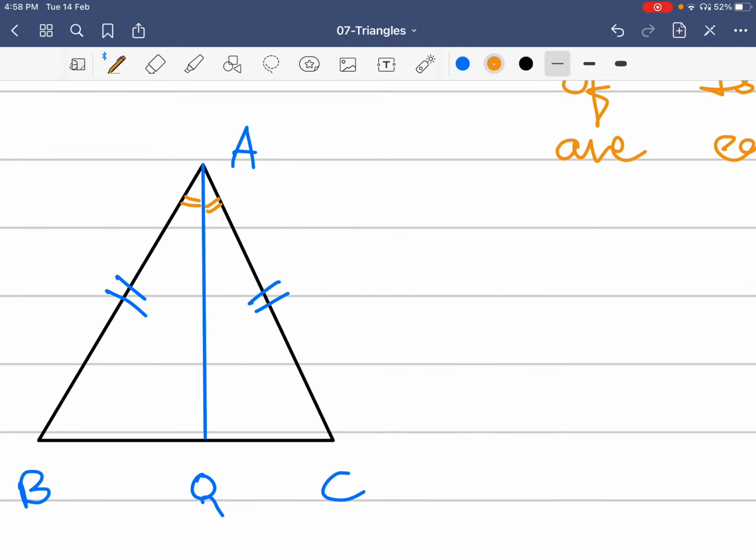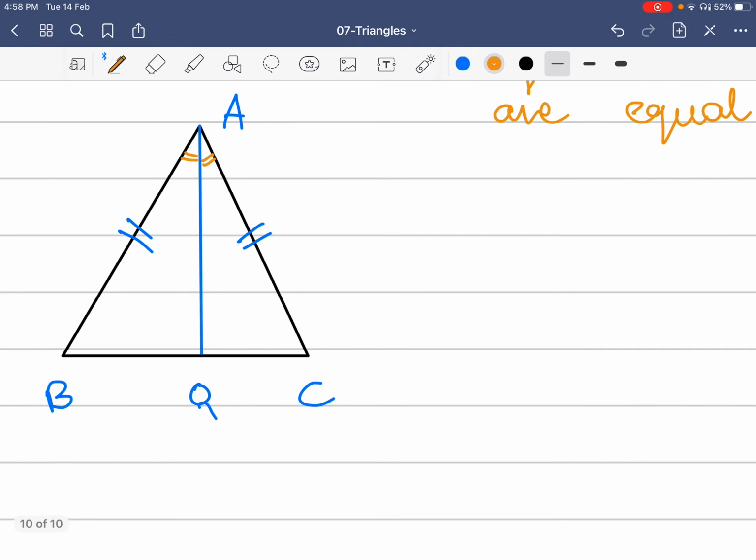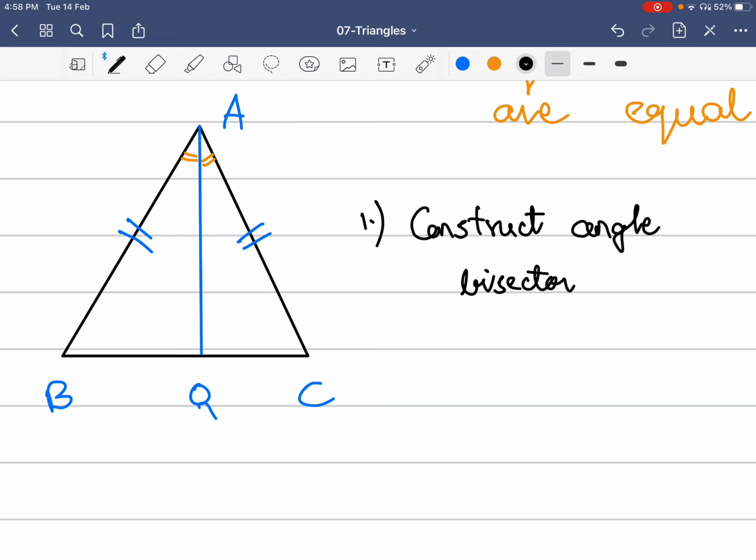So that's our first point. Point number one: construct the angle bisector of angle A. So angle BAQ will be equal to angle CAQ.